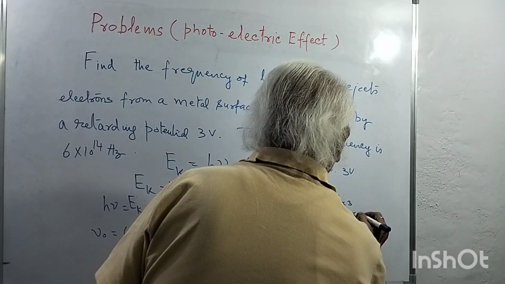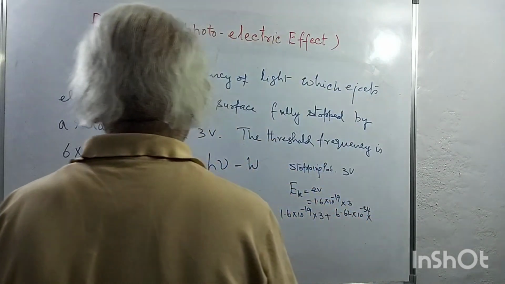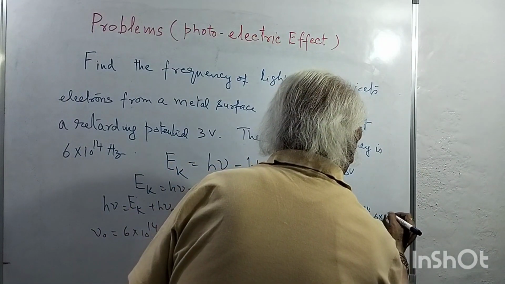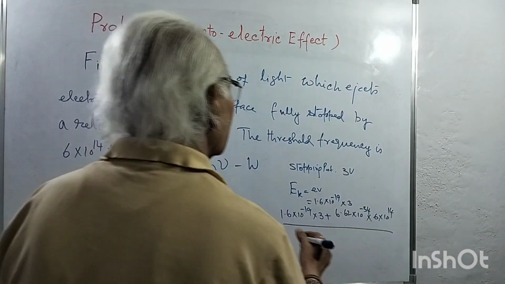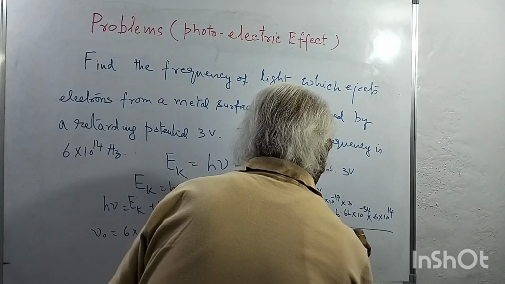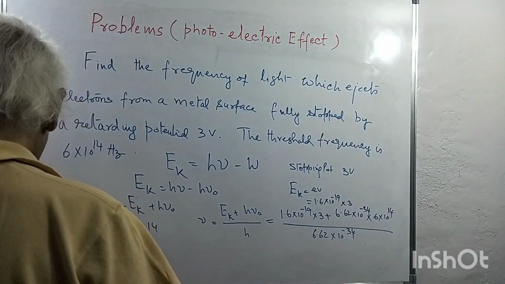6.62 into 10 to the power minus 34 into 6 into 10 to the power 14, divided by h, 6.62 into 10 to the power minus 34. Well, you solve this. Very easy.